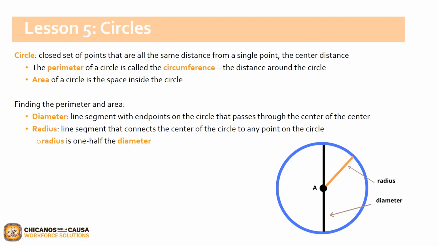So it's pretty much a line that goes from one end to the other. That is your diameter. Your radius is a line segment that connects the center of the circle to any point on the circle. So you could say that the radius is 1/2 the diameter. Keep that in mind for our future examples and practices.